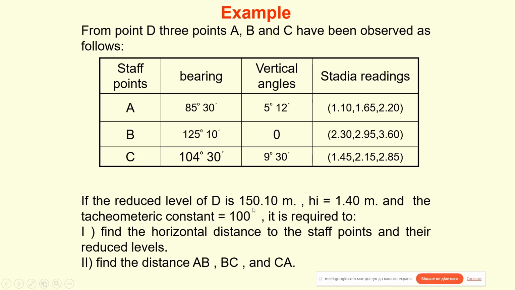If the reduced level of D is 150.10, height of instrument is 1.4 meters, and the tachometric constant is 100, it's required to find the horizontal distance of the staff points and the reduced levels. Find the distances AB, BC, and CA.